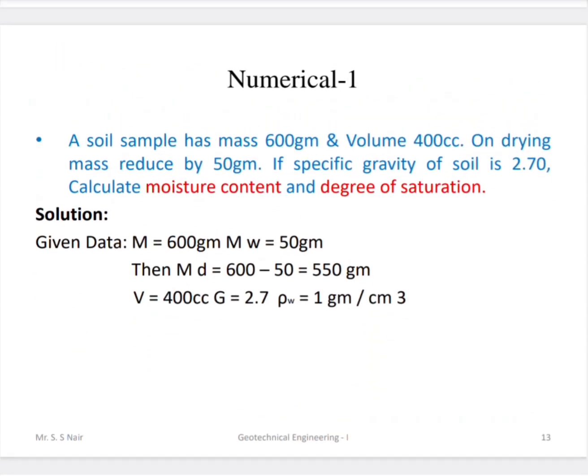So let us take one of the numericals. Here you can see a soil sample has mass 600 gram, volume 400 cc. On drying, mass reduced by 50 gram, and specific gravity of soil is 2.7.